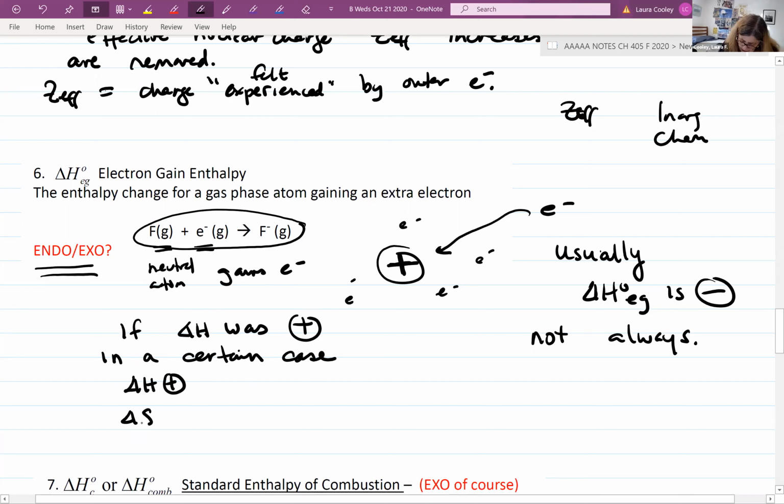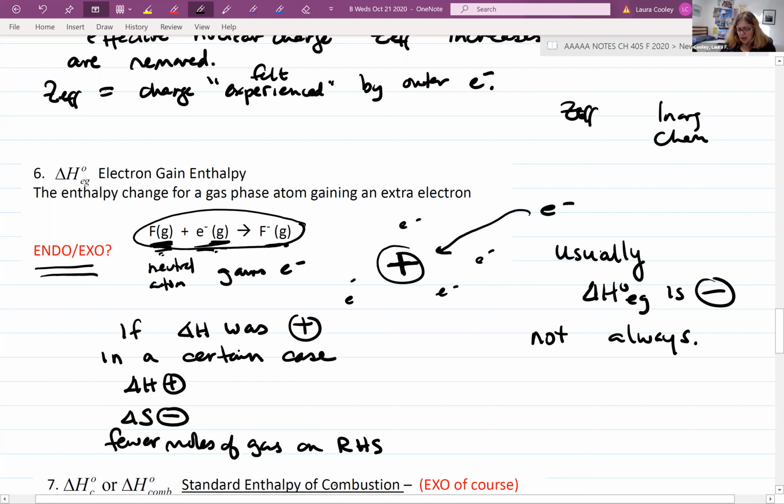And now what is delta S for this reaction? Is it positive or negative? Well, you're going from 2 particles of gas to 1, and we'll learn later that delta S is negative because you have fewer moles of gas on the right-hand side.